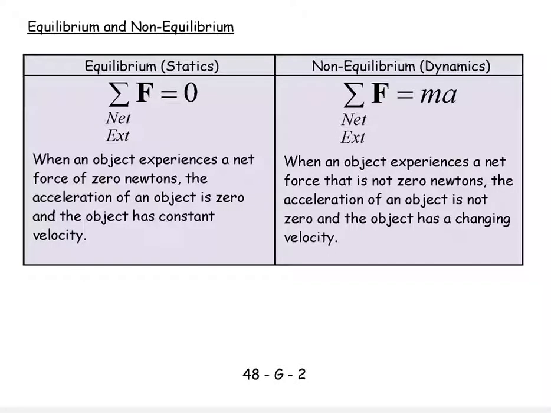So basically when we talk about equilibrium and non-equilibrium, we can say, well, if the sum of the net external forces, of course, equals 0, then when an object experiences a net force of 0 newtons, the acceleration of the object is 0, and the object has a constant velocity, which could be 0, it could be stationary.